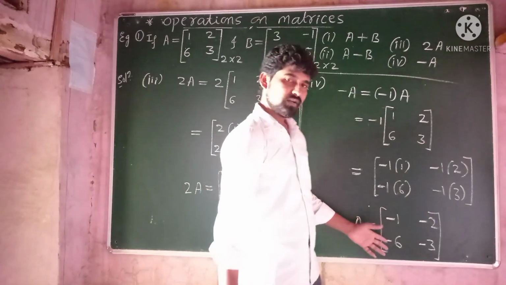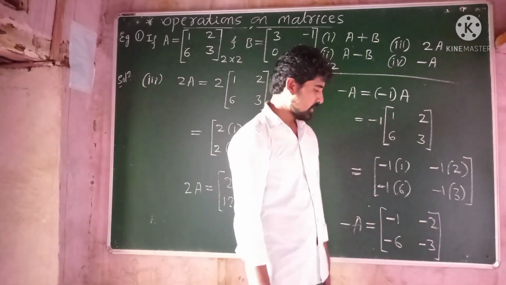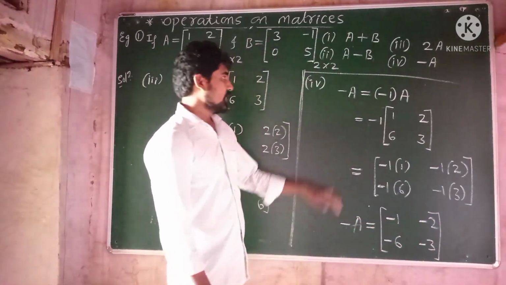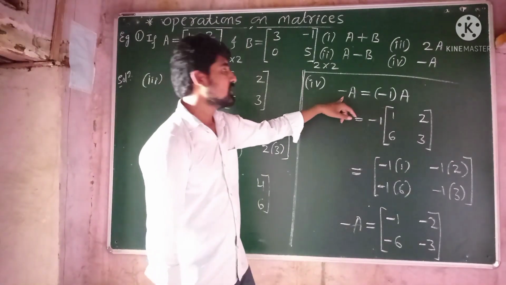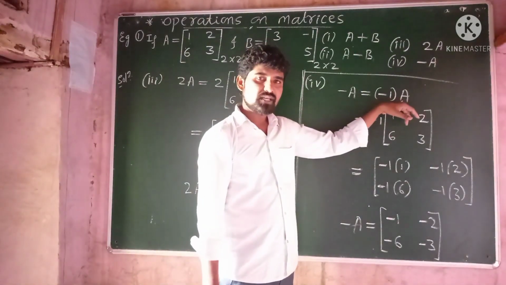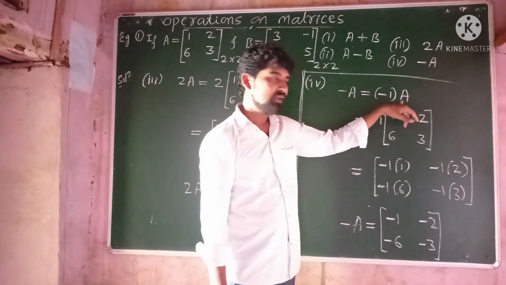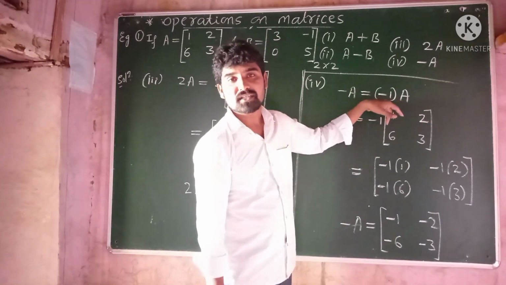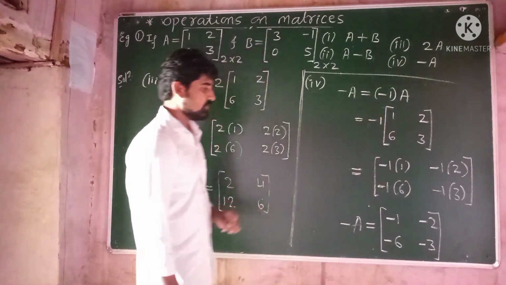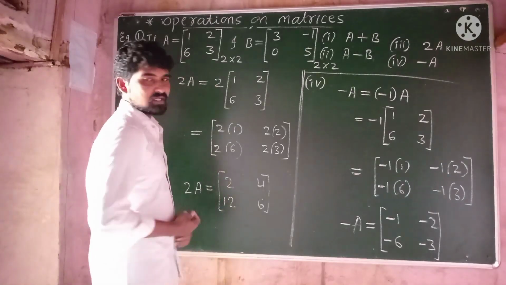So you just observe here, negative of the matrix A means multiplication of the matrix A by the scalar minus 1. I hope all of you understood. If possible, take a note.